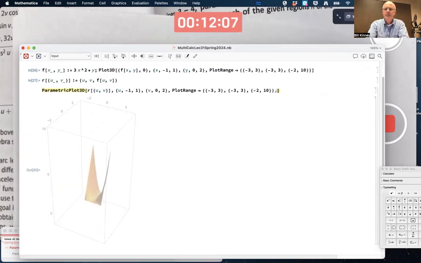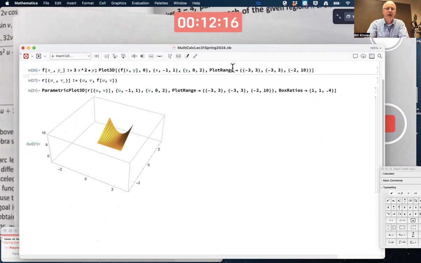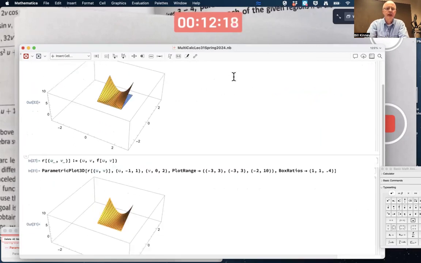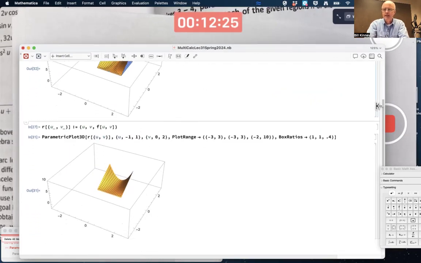I think I actually looked up BoxRatios is the 1, 1, 0.4 will make it the standard picture. There, yeah, if you compare these two pictures, they pretty much look the same. So it is parameterizing the same surface.